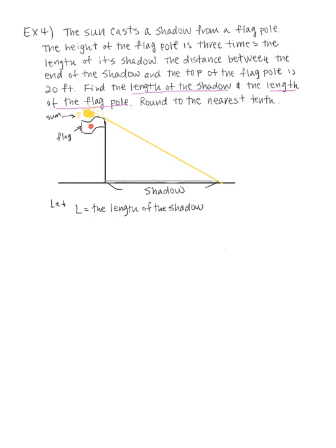So that means that this length from here to here is going to be our L. And then I'm going to say let H be the length of the flagpole.